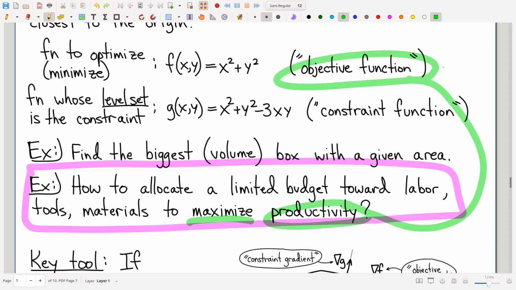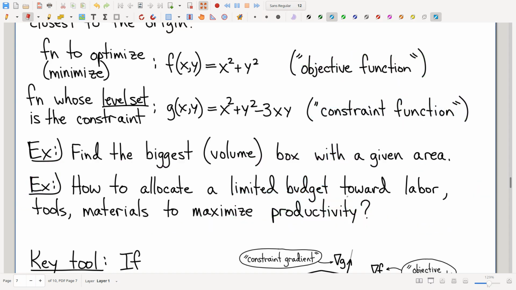That's what you want to make as big as possible. But we have these constraints of reality. I have a limited budget. I only have so much money. I can't go out and hire 10,000 people. I can't afford that, right? So the budget then is your constraint function. Does that make sense?